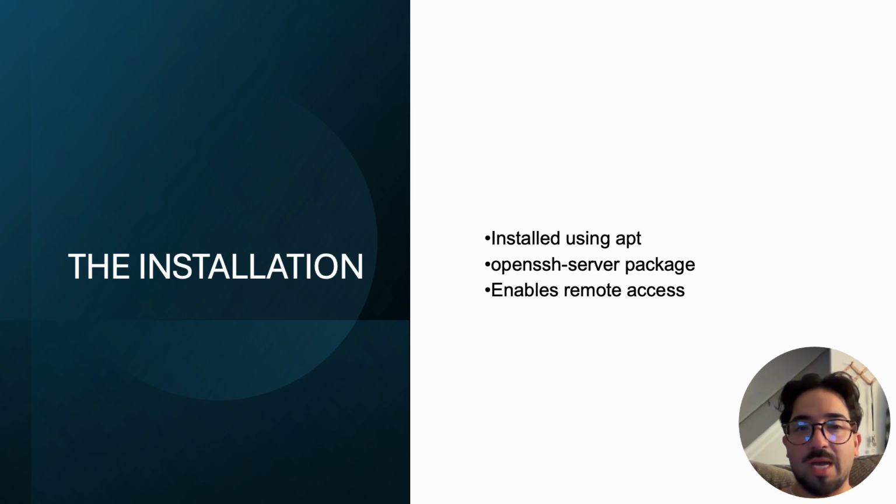To begin the configuration, I installed OpenSSH on my Linux server using the apt package manager. The specific package I installed was openssh-server, which is responsible for enabling the system to accept incoming SSH connections from other machines. This step is important because it prepares the server for secure remote access and ensures that all necessary background services are properly set up.